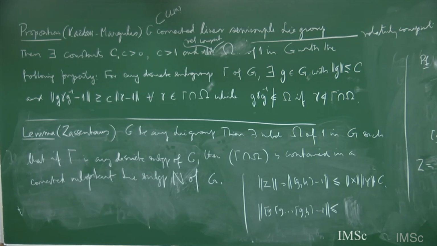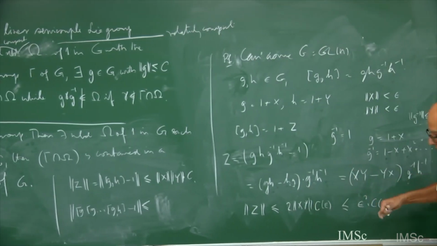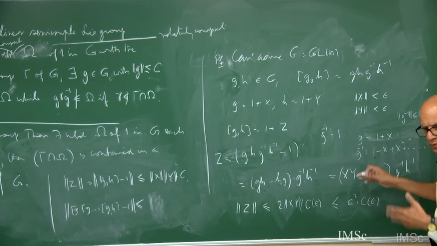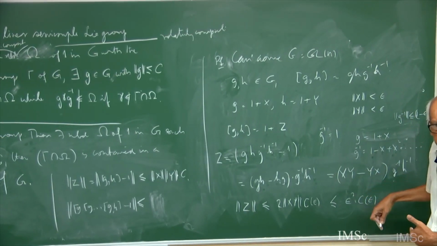But then if you take the commutator, can it go? No, when I take the commutator, if I fix Y, it will still be epsilon times something. So that is less than epsilon. I can fix some m, it will be less than m times epsilon.